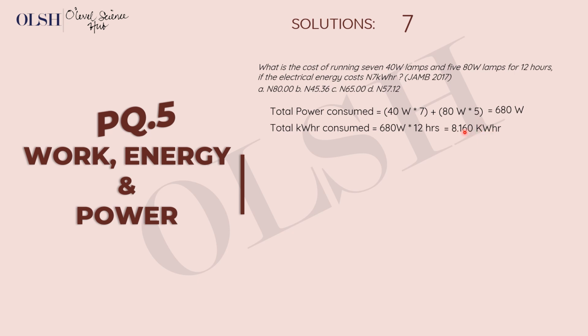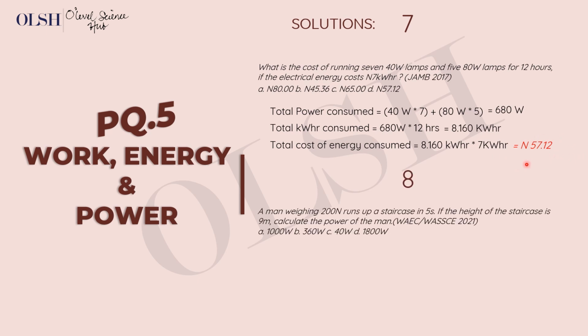Now we find the total cost, since we have 1 kilowatt hour to be 7 naira from the question. If we multiply 8.16 kilowatt hour by 7, we're going to have the total amount this building would spend running these lamps. So we get 57.12 naira. Okay, so that gives us the total amount spent by the owner of the house.